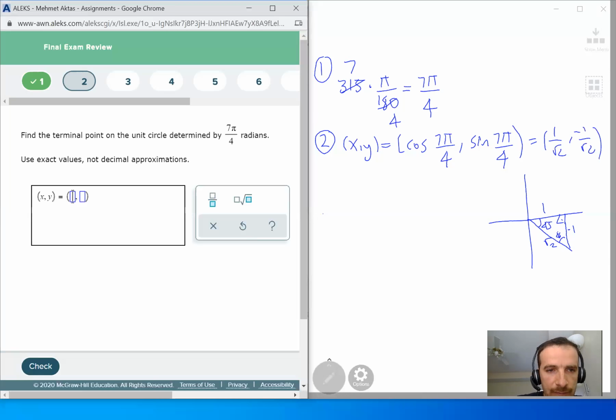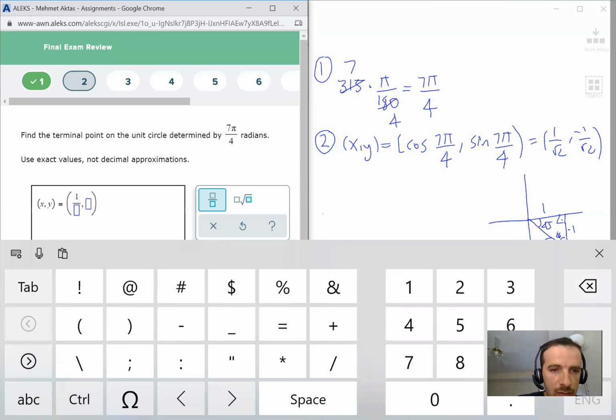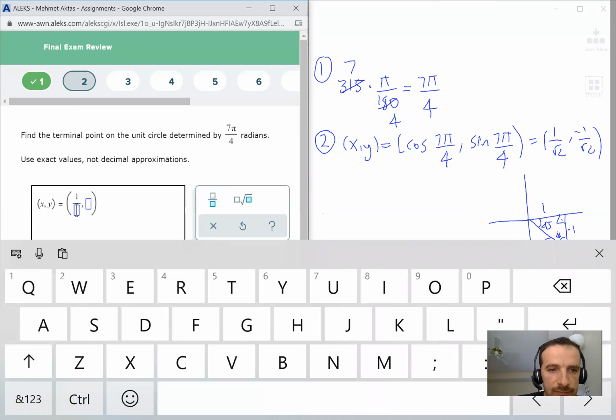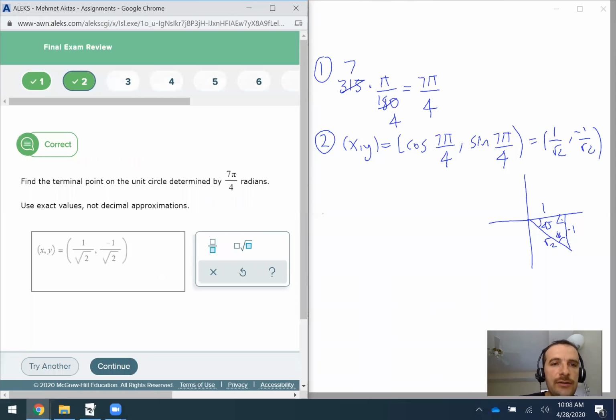So the point is 1 over root 2, comma, -1 over root 2. Okay? Let's check our answers. Correct. Let's go to the next one.